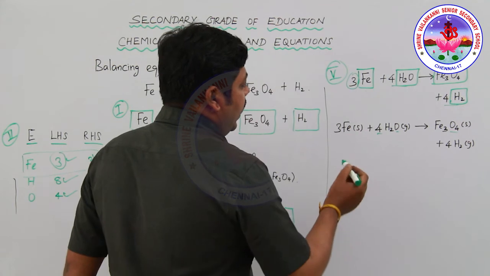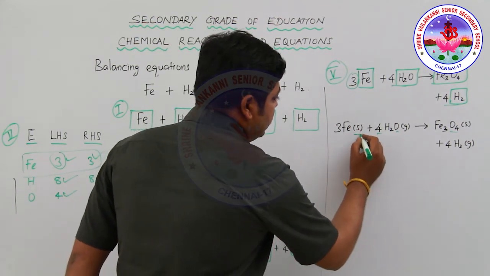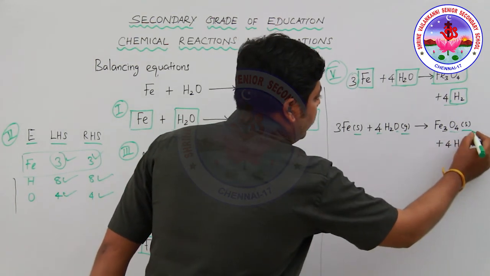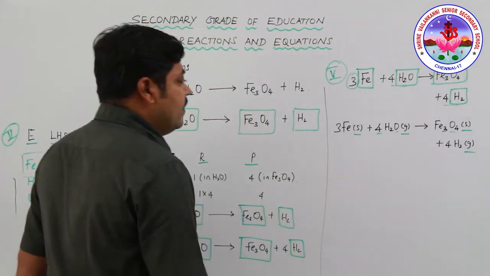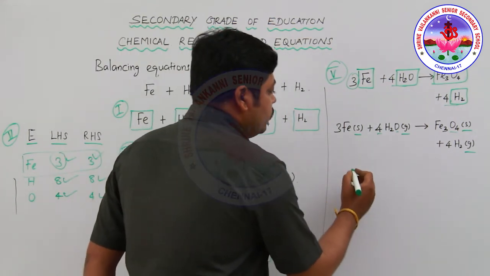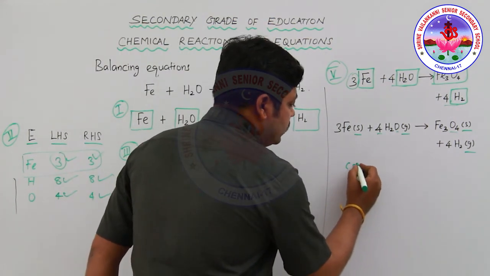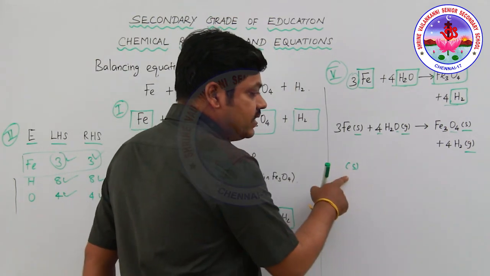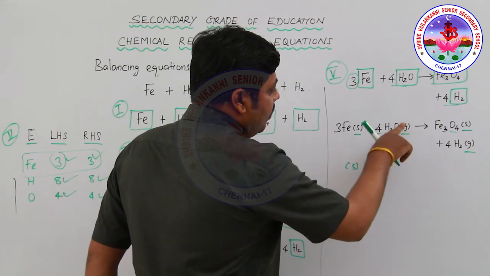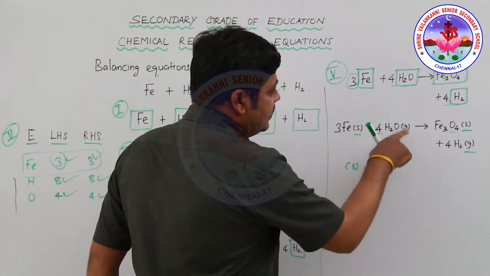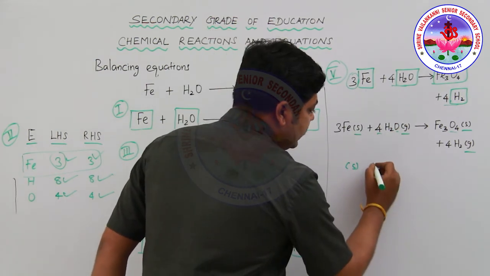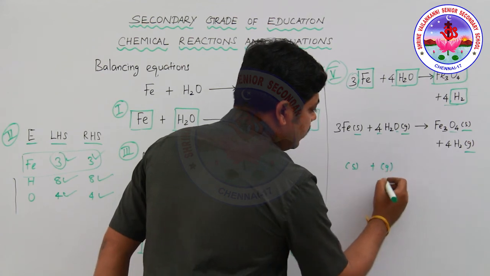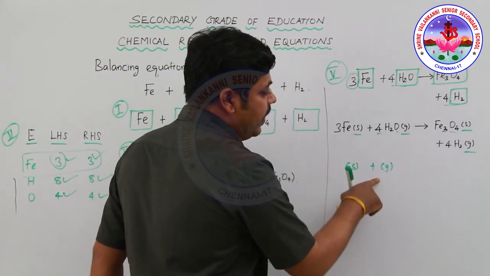After that, you have to mention the physical state of the elements or the compounds. Here the iron is in solid form, so just simply put a small s in a bracket like this. This indicates solid, and here water is steam, so that is a gaseous form. So just put a small g in the bracket.